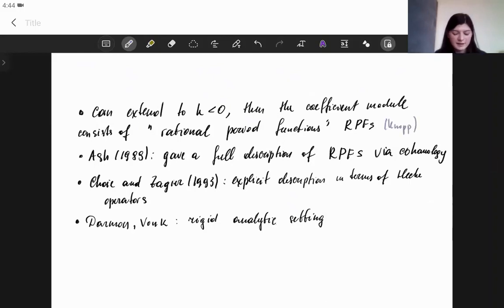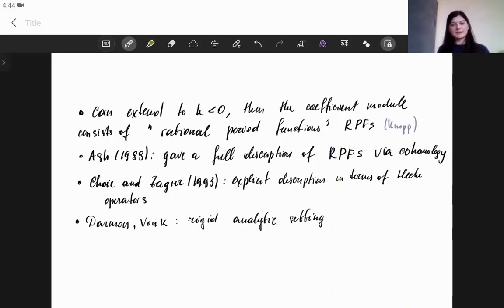And we can basically extend Eichler cohomology to weights less than 0. Then the coefficient module will consist of these rational period functions. These rational period functions came from not necessarily those Eichler integrals that we talked a little bit about at the beginning, but from more generalized automorphic integrals.